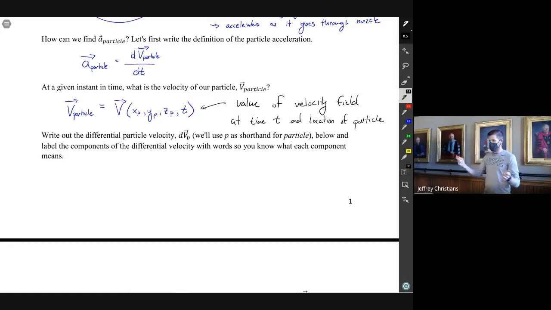So your velocity as a particle is equal to the velocity where you happen to be sitting whenever we find you.